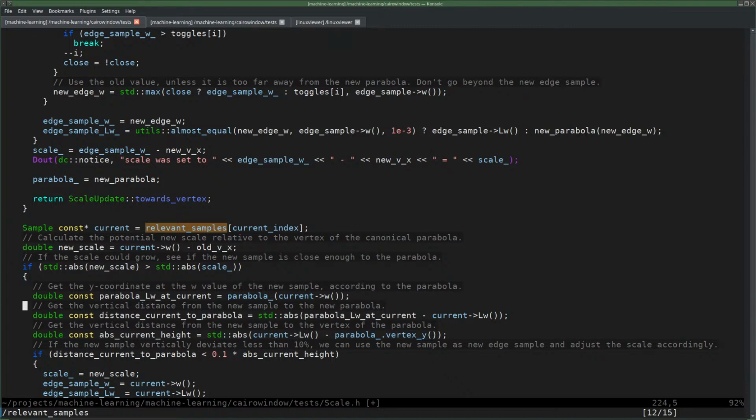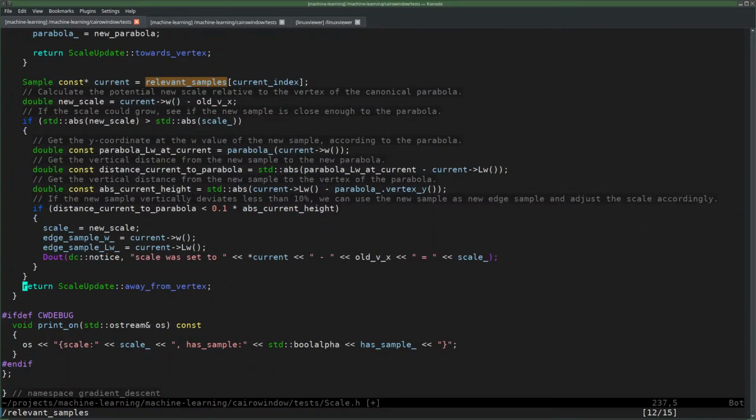Calculate the potential new scale relative to the vertex of the canonical parabola. The reason I call this canonical is because the parabola should not change anymore.